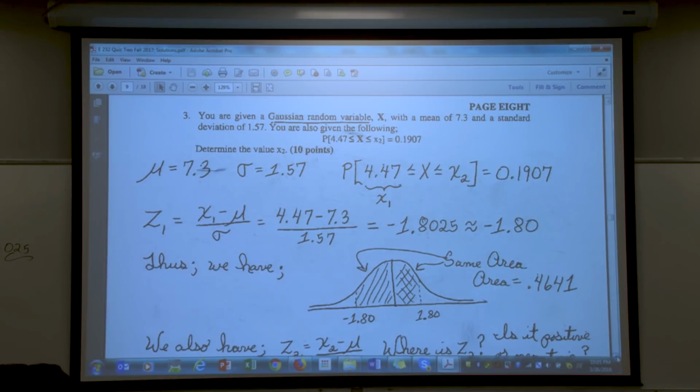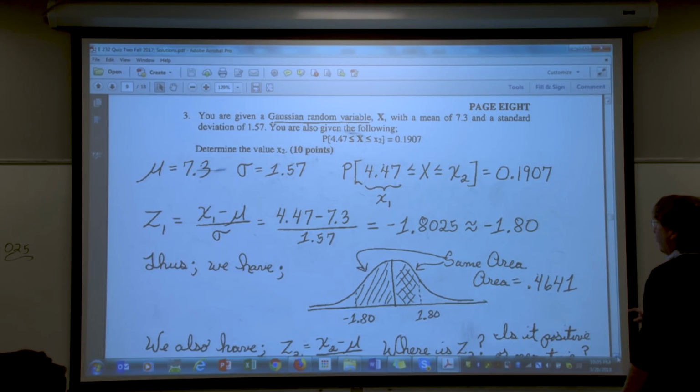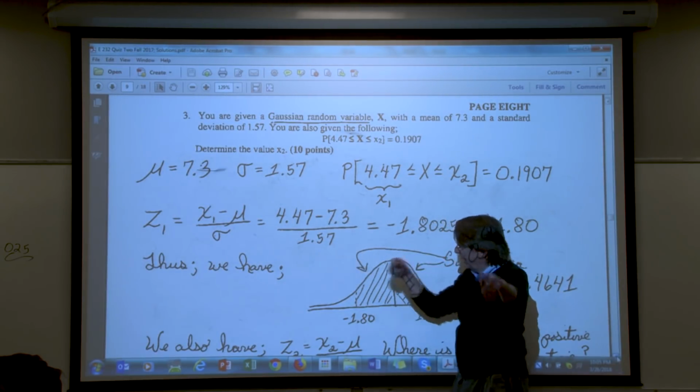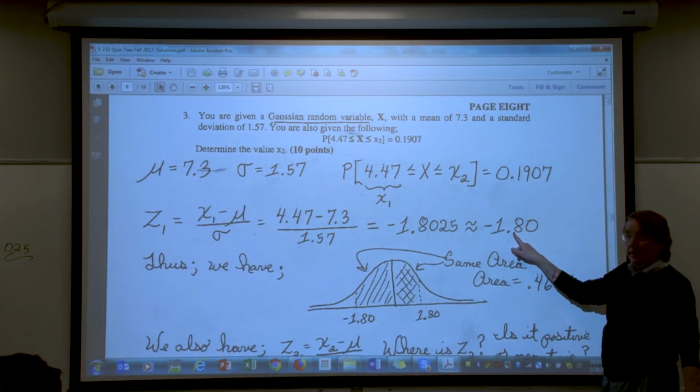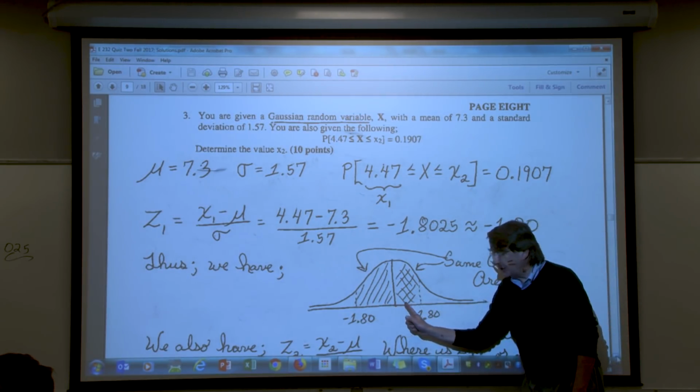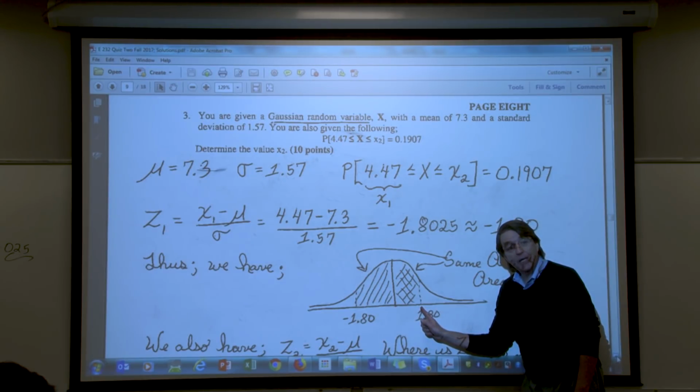So the 1.8 is the z-value, so then you got the 0.46. Perfect. Exactly right. I got the z-value from here by taking the number, subtracting the mean, dividing by the standard deviation, minus 1.8. As you point out, that is symmetric, so I got the area from 0 to 1.8 from the z table.